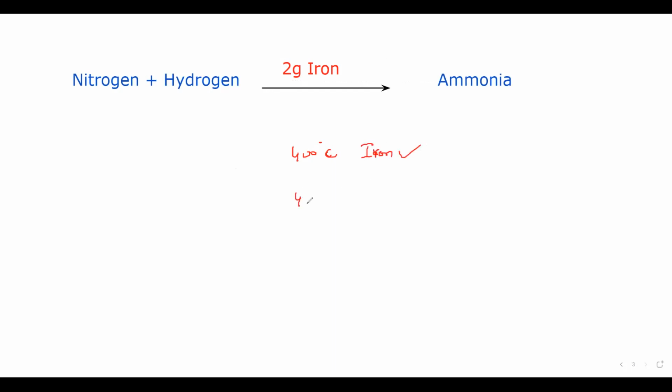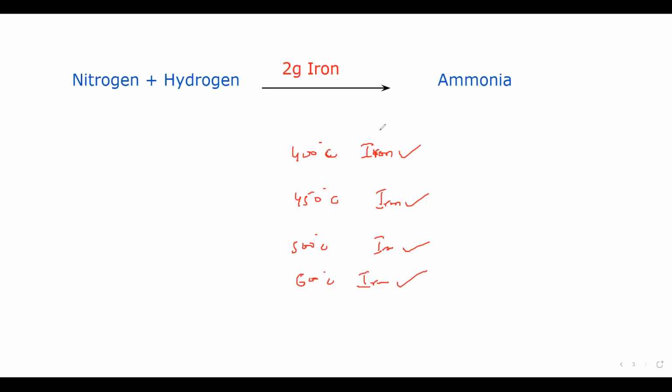When we carry out the reaction at 450, iron is effective, it affects the rate. At 500, iron is still effective, still affecting the rate. At 600, iron is still effective and it is affecting the rate.